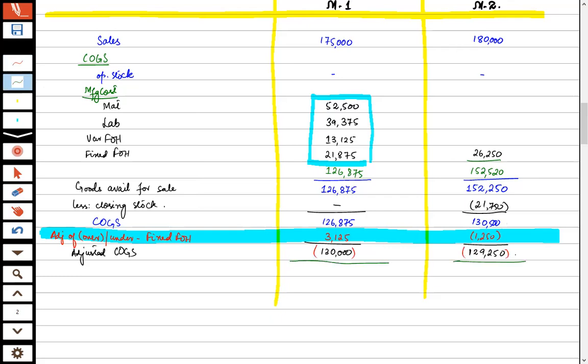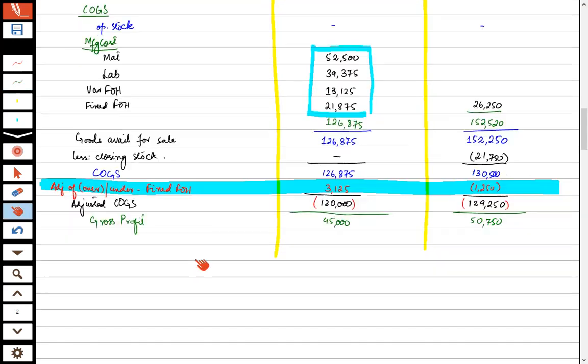So it would be our gross profit. That is 175,000 minus 130,000. It would be 45,000. And 180,000 minus 129,250, that would be 50,750.